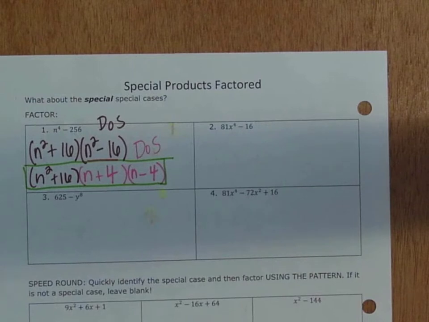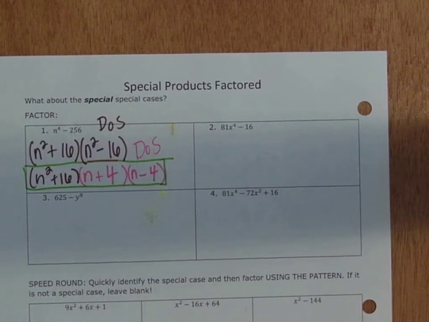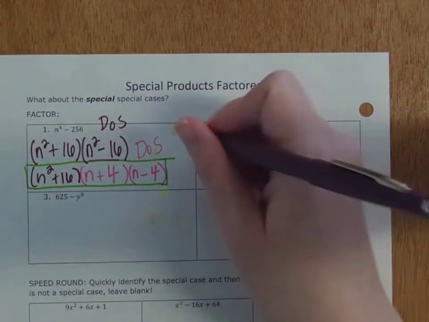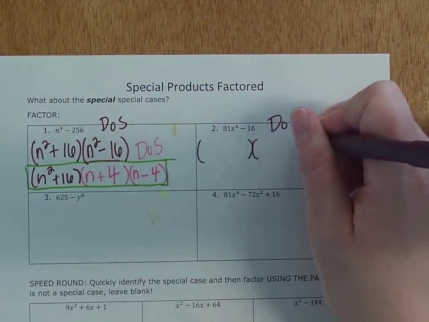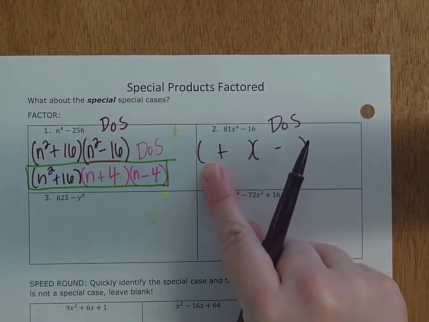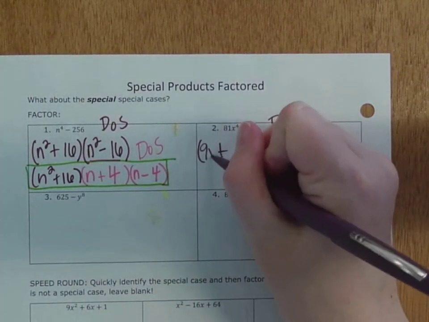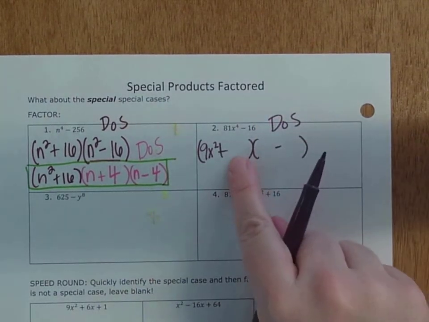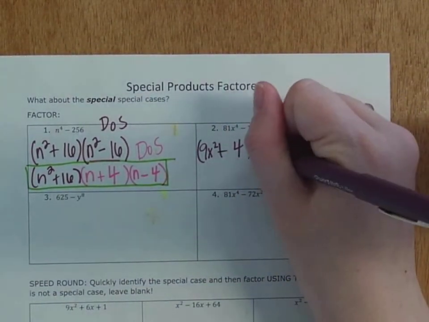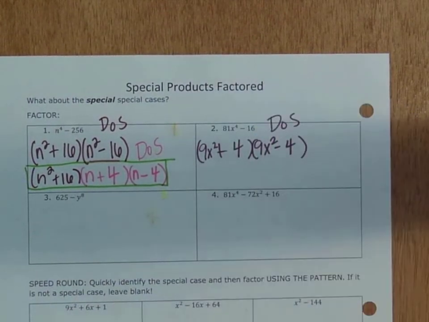Number 2, what do you see? What do we see there? A difference of squares. So I know that my result will be the product of a sum and difference. What will be my first term? 9x squared. What will be my second term? So 9x squared plus 4 times 9x squared minus 4.